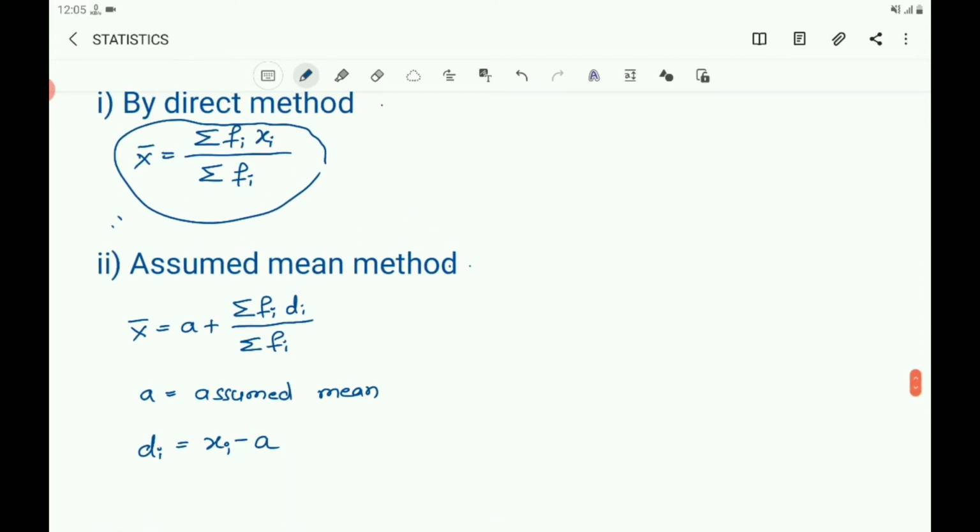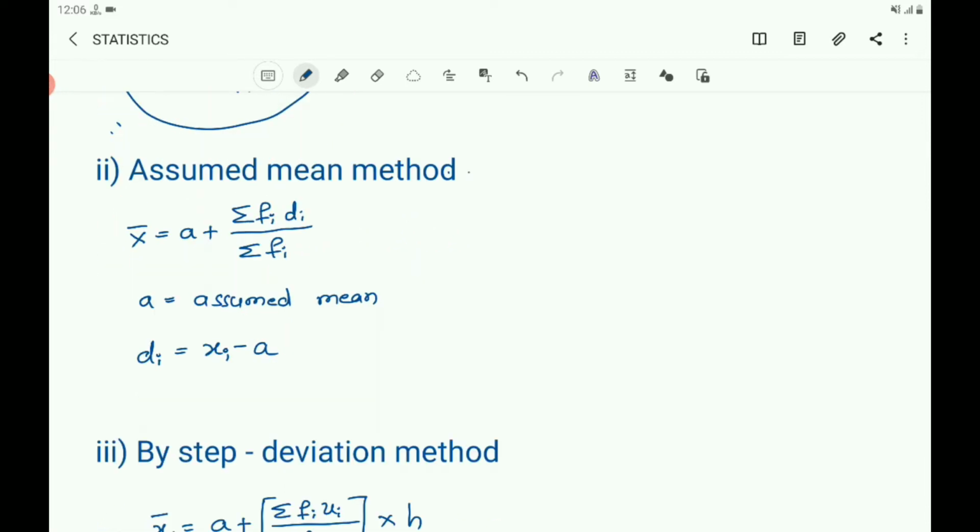In the assumed mean method, we choose one among the xi as the assumed mean and denote it by a. Also, to further reduce our calculation work, we may take a to be that xi which lies in the center of x1, x2, and so on.